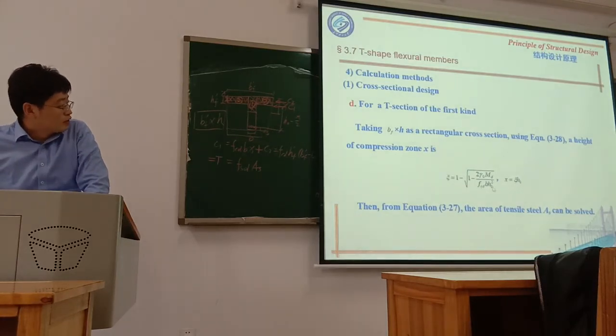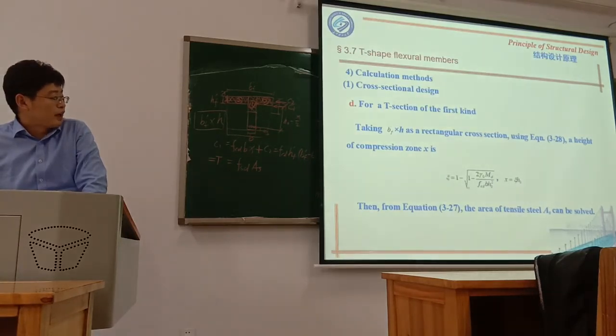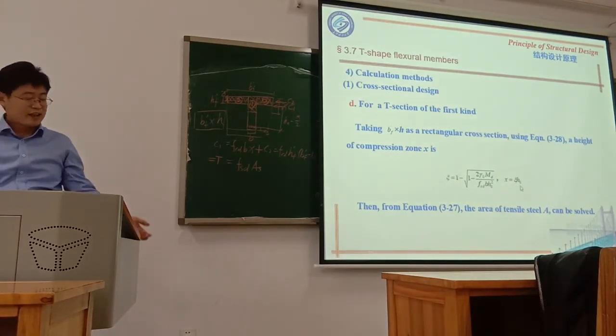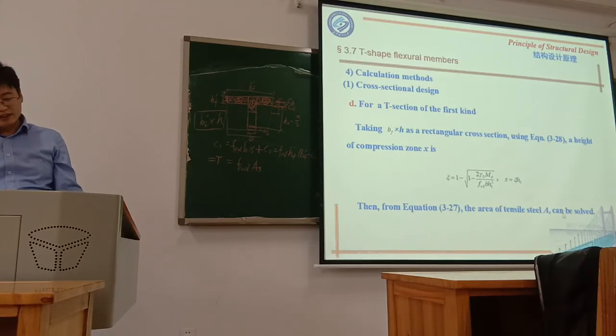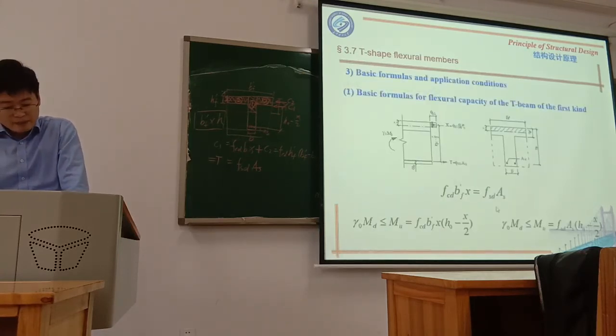Do you remember this equation? It's just for the single reinforcement rectangular shape. So we can use this equation to calculate x. Once you got x, you can use this equation to get As. It's easy.